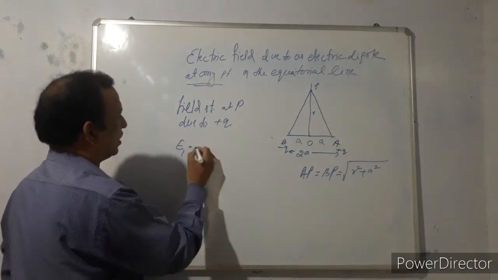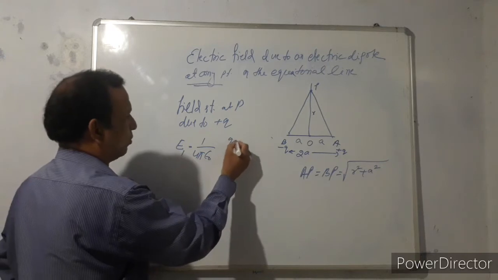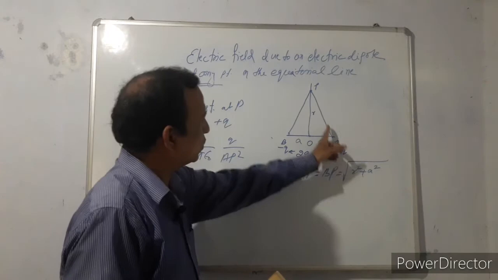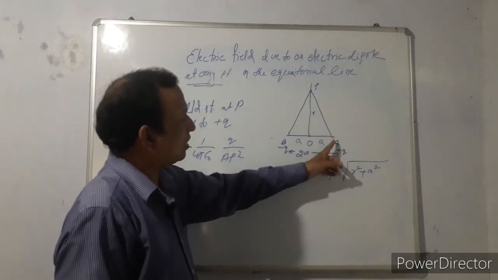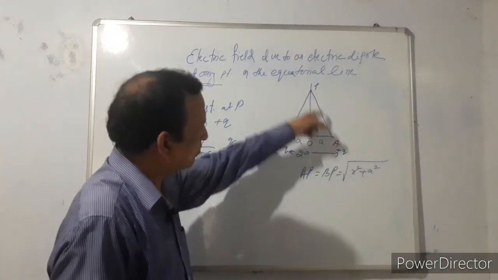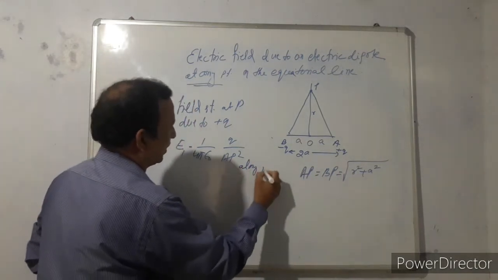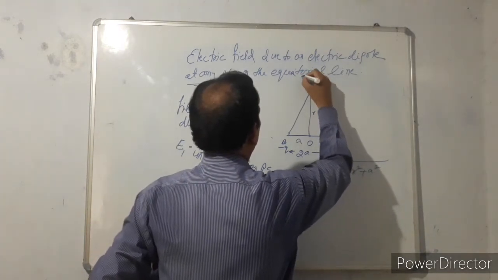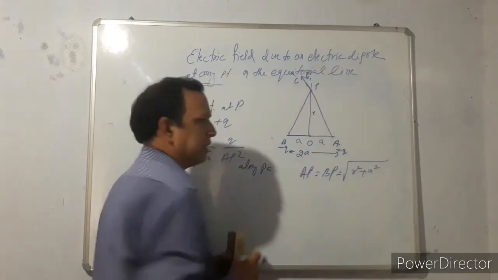E1 is equal to 1 by 4 pi epsilon naught Q by AP square. Positive charge, direction away from A, along PC. Why is the direction of the field along PC and not towards A? That is E1.